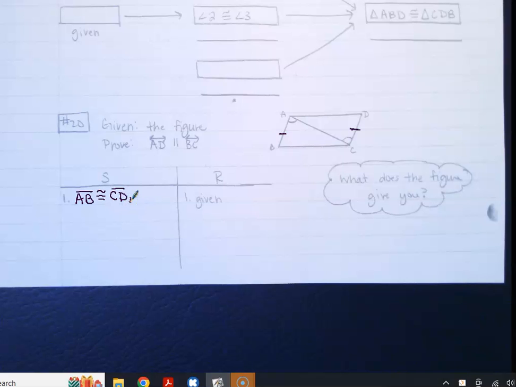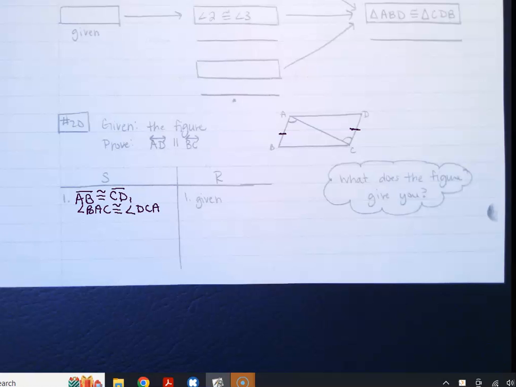What else is given? Angle BAC is congruent to angle DCA. So BAC is congruent to DCA. Perfect. Those are both given. Very good.